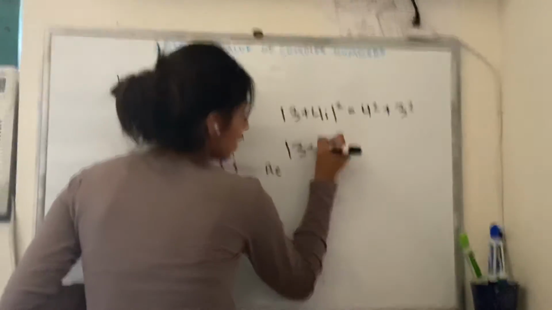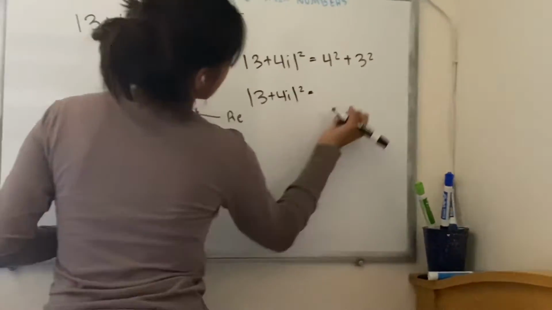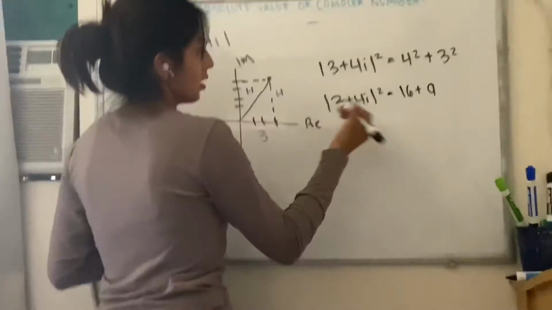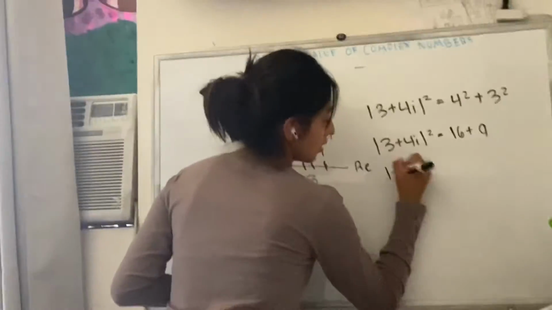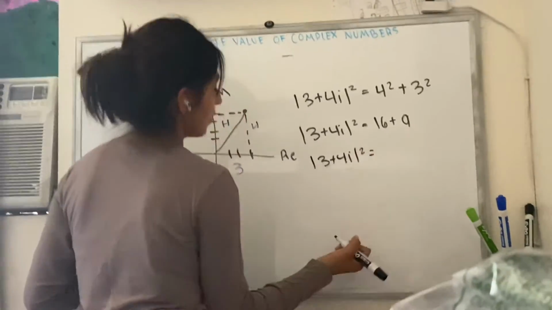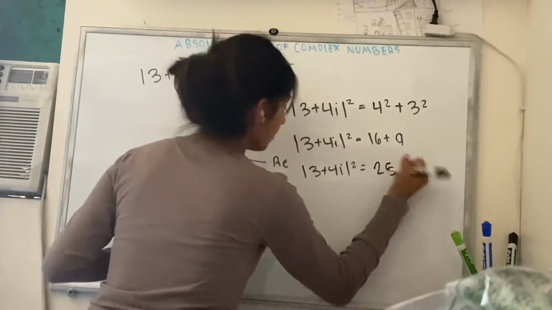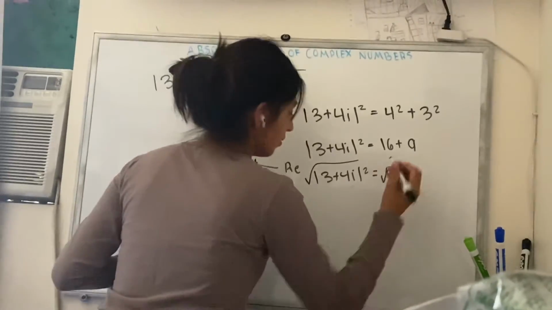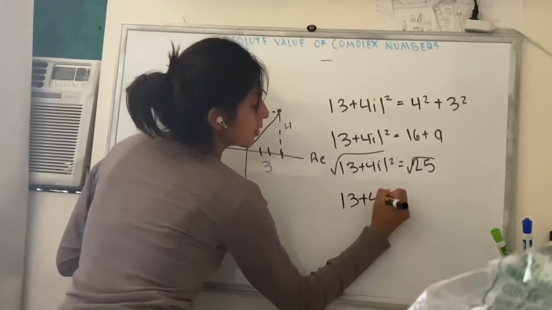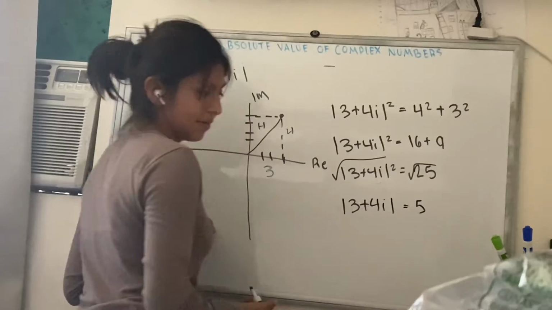And if you simplify that, you will get 16 plus 9, which is 25. Square root this, and we will get the absolute value of 3 plus 4i is equal to 5. Okay?